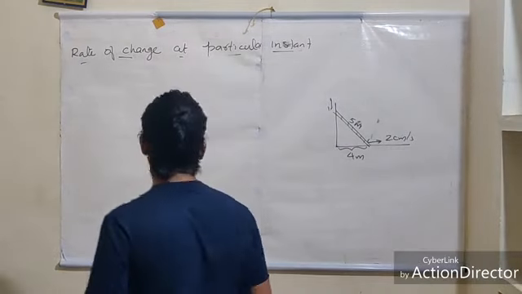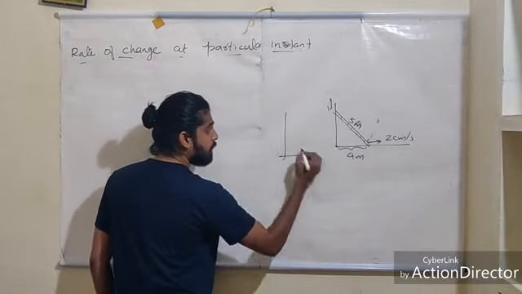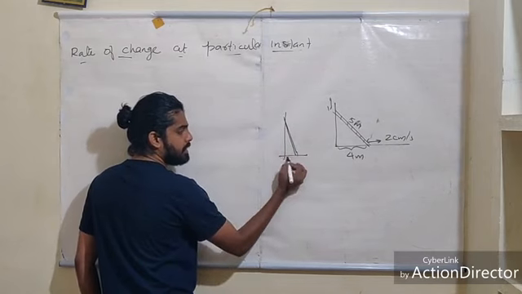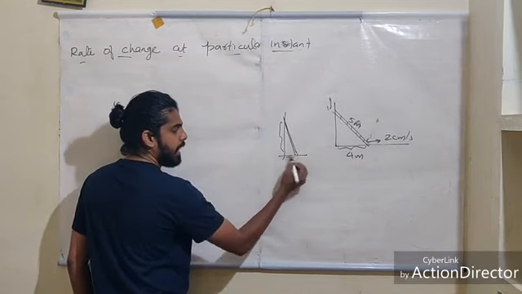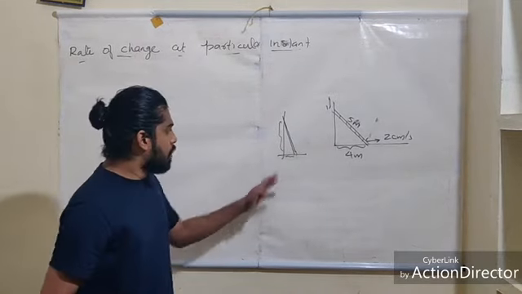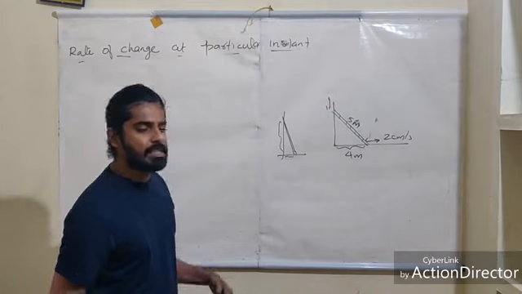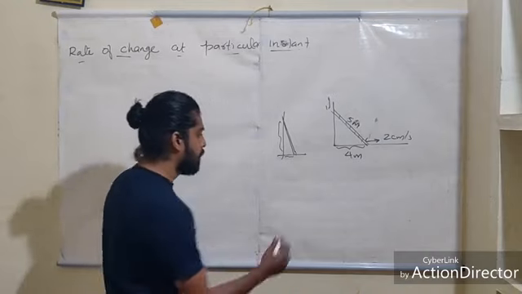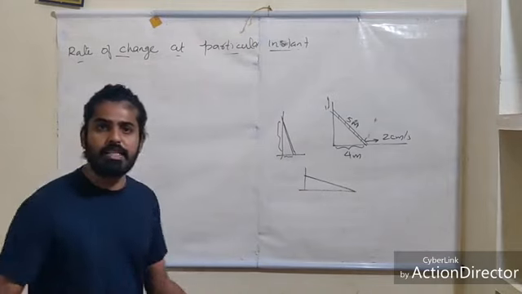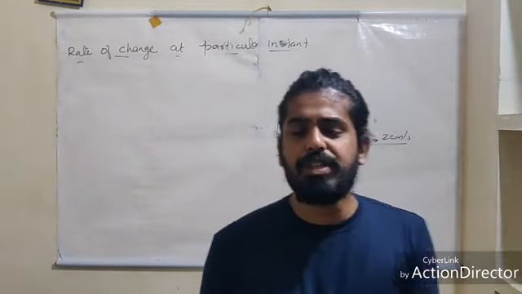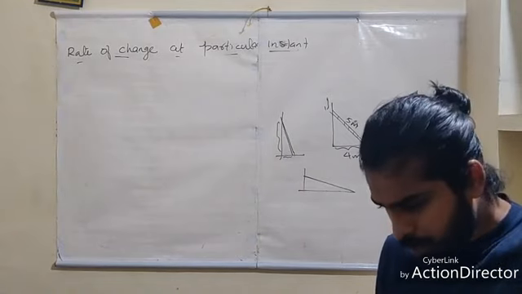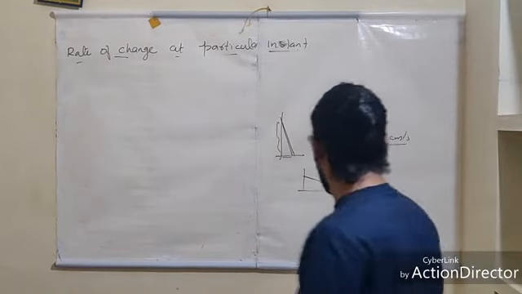The answer will be different, because if this distance is lesser than this distance, the height will decrease at a lesser speed, right? If it is like this, it will fall down all of a sudden. It just needs a small touch, it will fall down. That means the height will be decreasing very quickly.